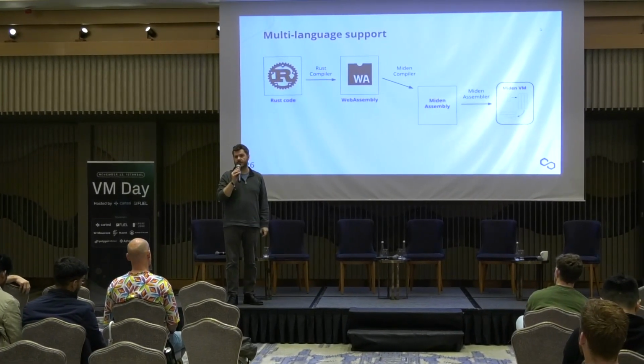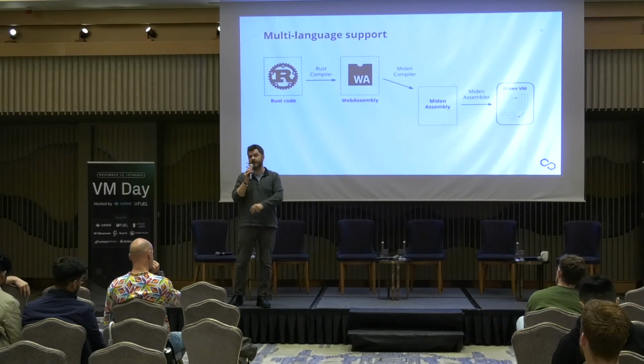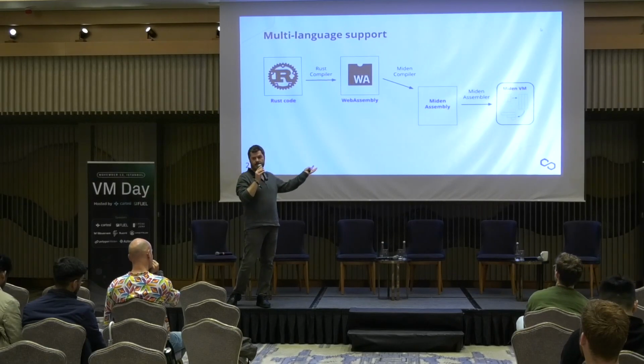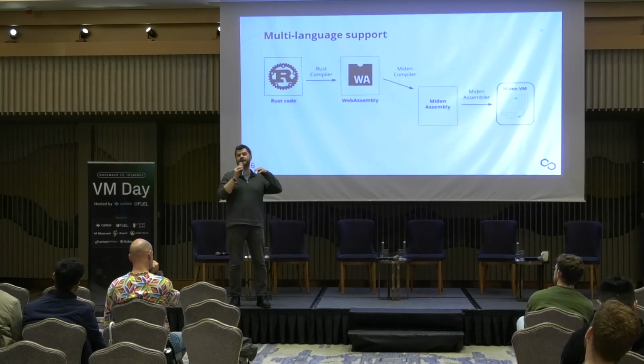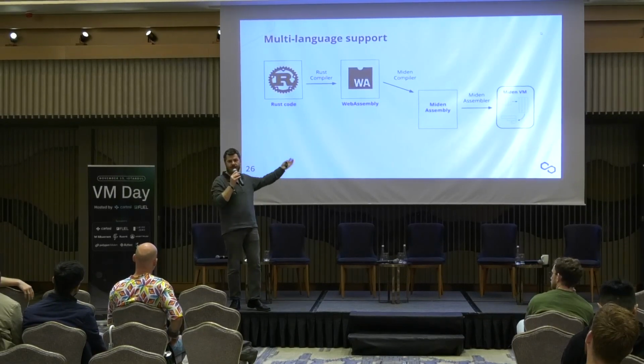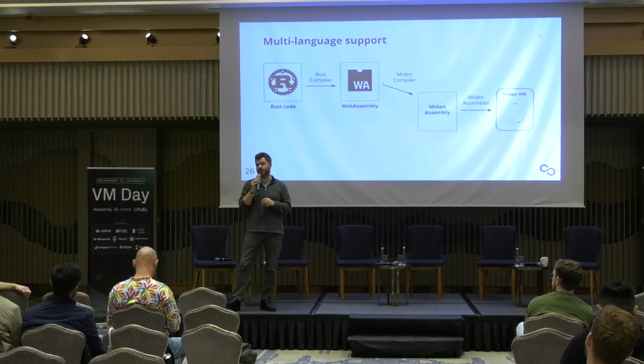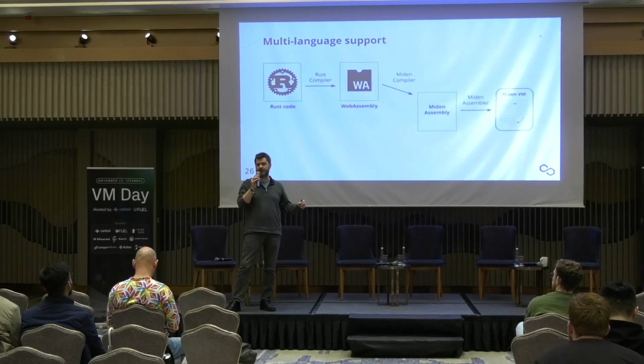Polygon 0 can be used to prove Maiden as well as the EVM. We would be able to use Plonky 3, developed by Polygon 0, to prove Maiden execution, same as EVM execution. It's the backend prover that is responsible for actually generating proofs. It's not the instruction set of the VM. You could use Plonky 3 for proving EVM or proving Maiden and whatnot. Maiden is a VM that rides on top of it. Polygon 0 is not a separate VM.